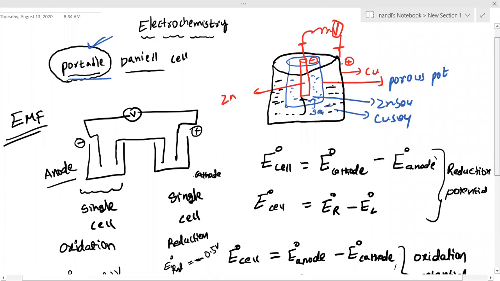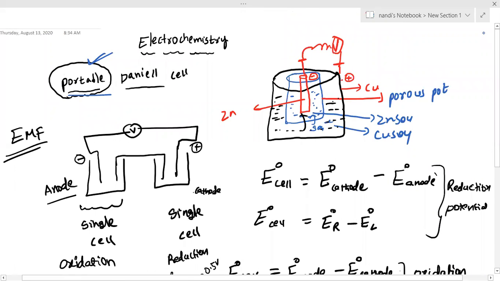If you didn't note down the Daniel cell term, please leave that one. If you noted down Daniel cell, then write portable Daniel cell in the corner of the notebook, or after that also you can write. Standard hydrogen electrode you can discuss later also, it doesn't matter. If you didn't note it down, then leave it, no issue. If you started, you can note down fully this one.